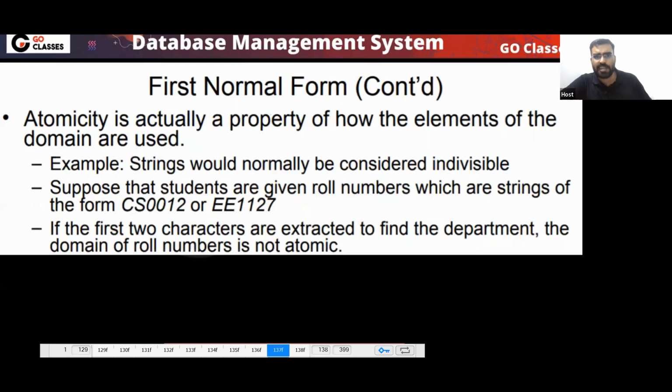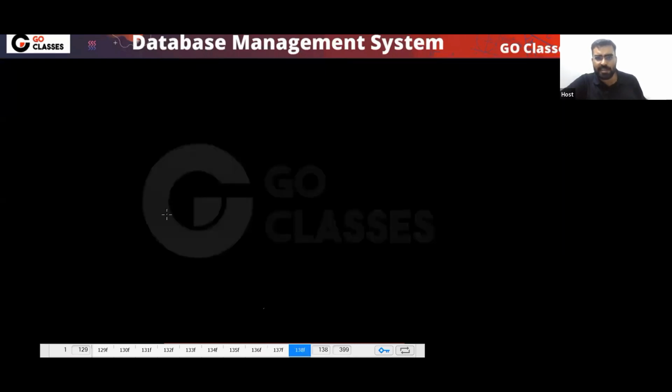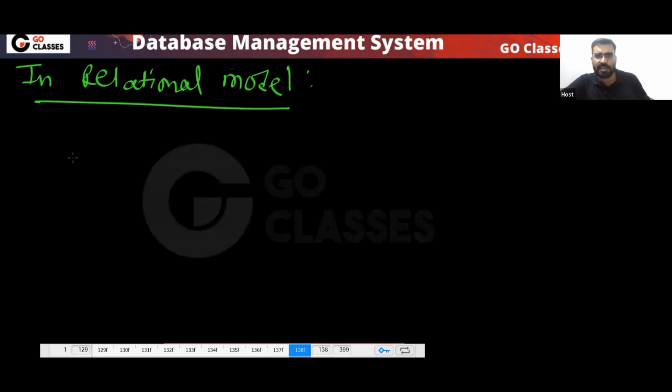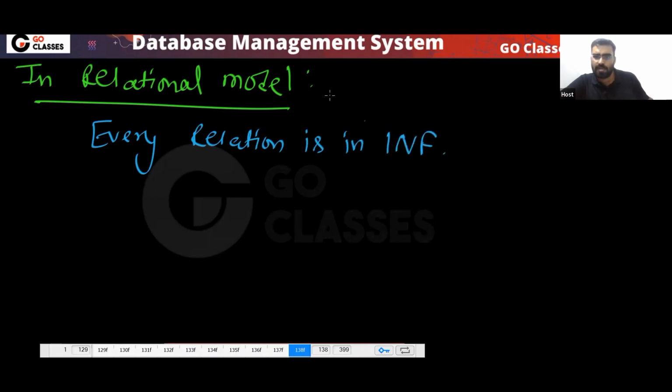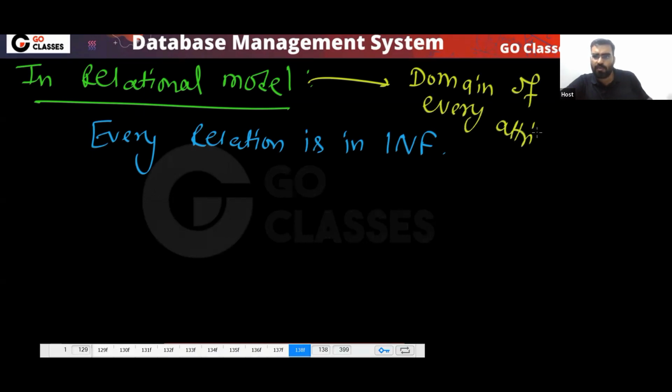Now you can notice that every relation is in first normal form in the relational model. Because in the relational model, you already know this, the domain of every attribute is atomic.